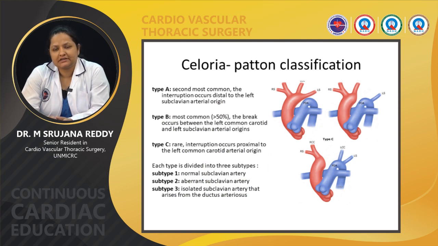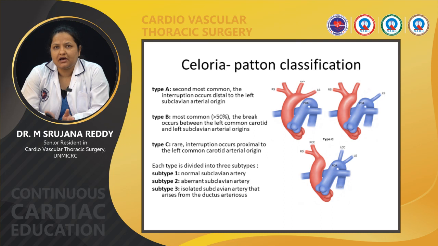Coming to the anatomical classification described by Celoria pattern, there are 3 types. Type B is the most common form, followed by type A and then the rarest is type C. In type A, the interruption occurs distal to the left subclavian artery origin.